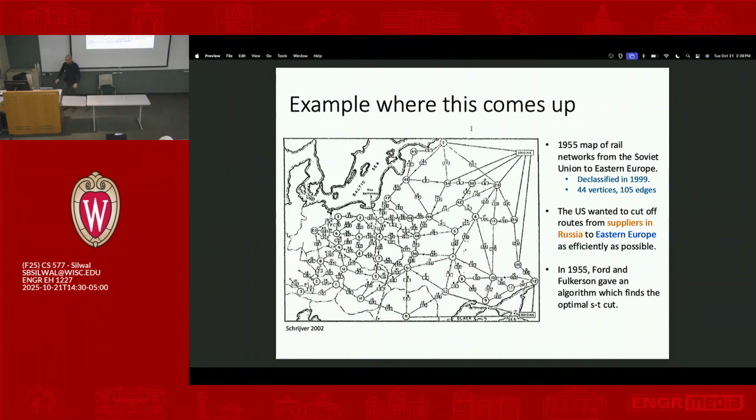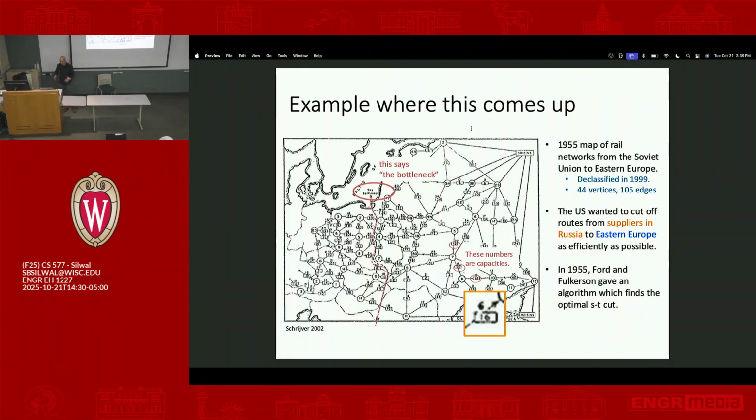As you can see, this line is the bottleneck, and on everything you have this number, which is the capacity of that link. It's the amount of stuff that you could send from one edge to the other.